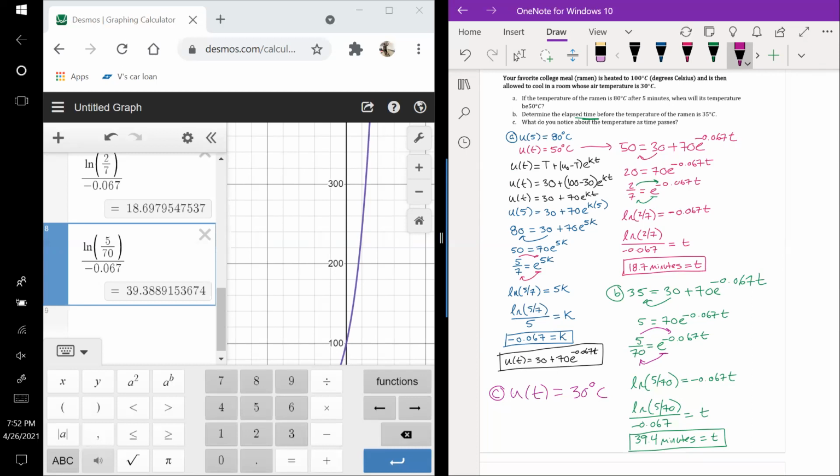So that was Newton's law of cooling. Is everybody good with that one? Steps are a little bit long, but doable. They're repetitive. The whole thing here is that it's just repetition.